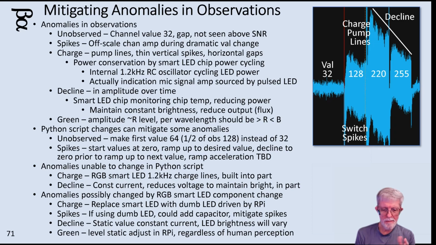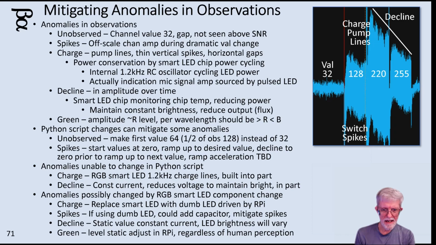Of course, the brightness will vary because I'm not doing the power and temperature monitoring, but it would get rid of the spikes. And the decline in amplitude over time, same thing. If I get a dumb LED and I drive it directly with a constant current driver, I could dampen that out.